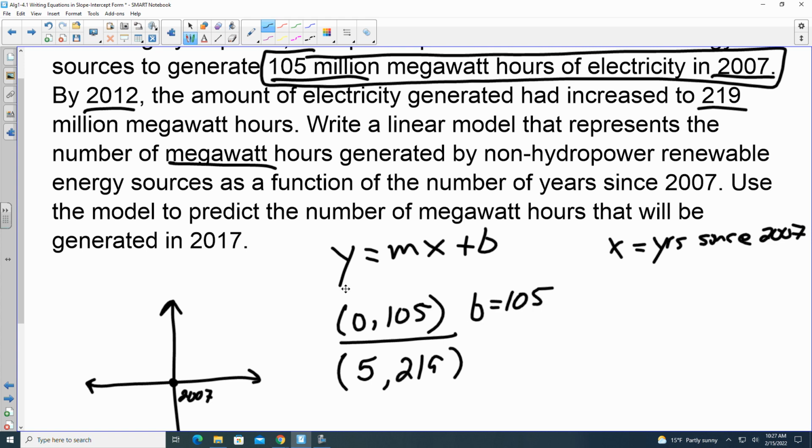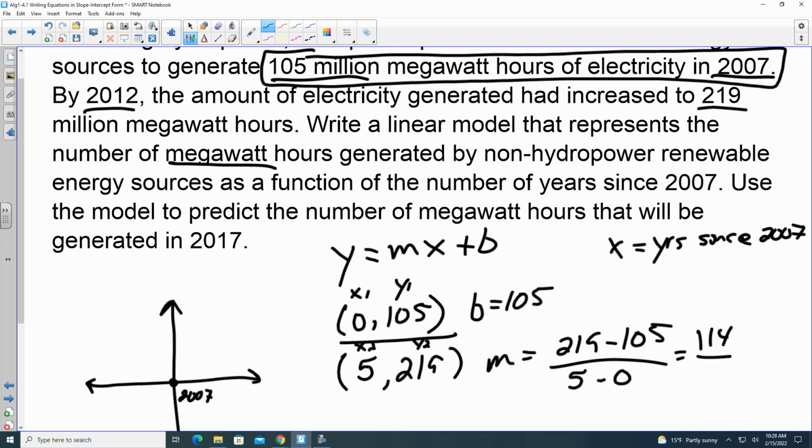If I were to write an equation, I need a slope, so I'm going to use the slope formula. So this is my x1, this is my y1. I'm going to say that this is my x2 and this is my y2. So to find the slope, I'm going to have 219 minus 105 divided by 5 minus 0. So 219 minus 105, I get 114, and I get 5.